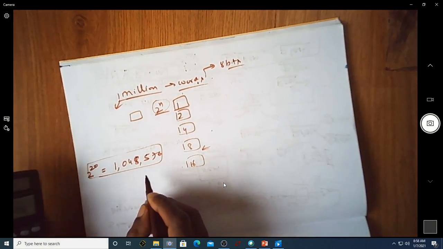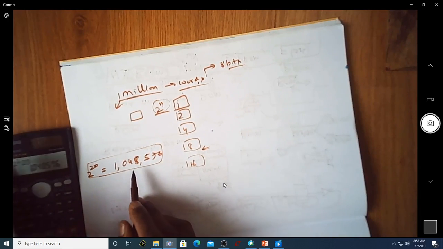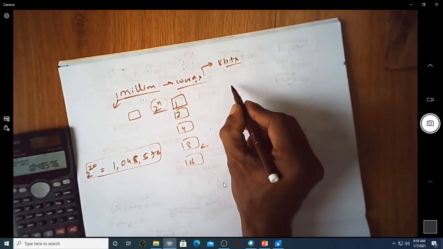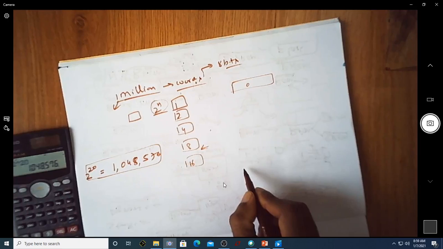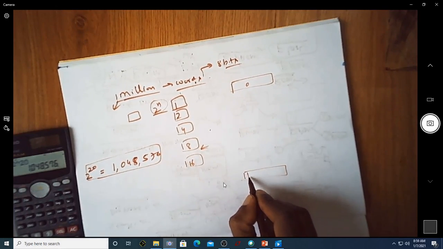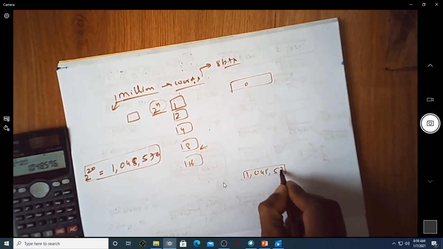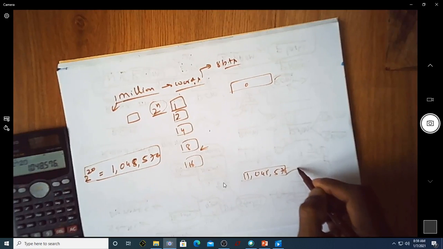These are the number of words you can address. You start with zero and go up to 10 lakh 48,575, so including zero you get these many.